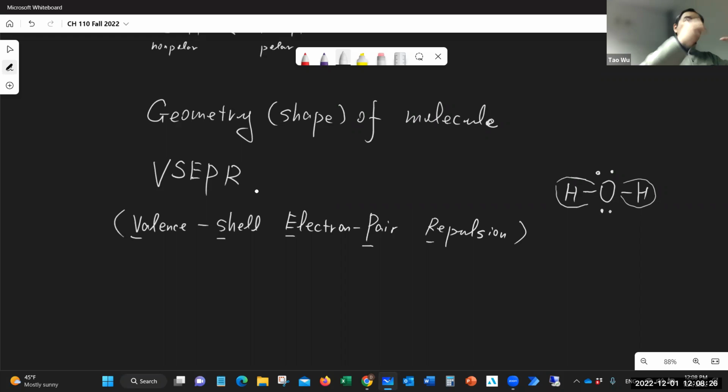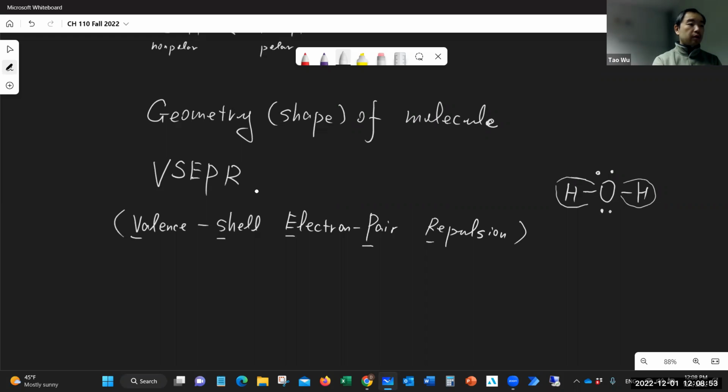So you can think about the oxygen atom as a ball, and the ball has a certain area of space, right? Some of that space is occupied by other atoms or electrons.